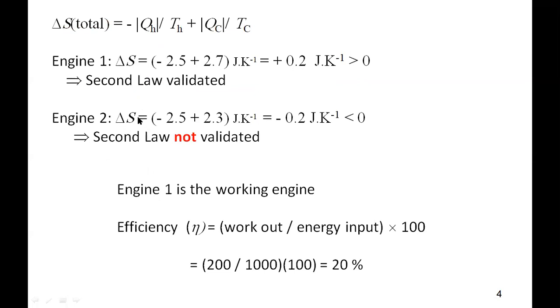Engine 2, the entropy is minus 2.5 plus 2.3 joule per Kelvin, which equals minus 0.2 joule per Kelvin, and this is less than 0. So this one, the second law is not validated. Then which one? Engine 1, because the entropy is always greater than or equal to 0.